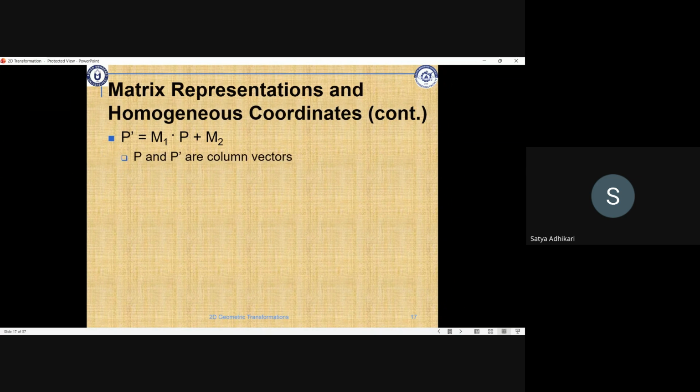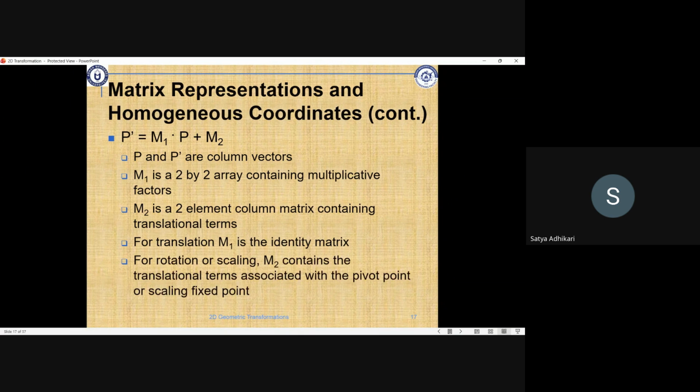You see here, P dash, the new position, is given by M1 into P plus M2. P and P dash are column vectors. M1 is a 2 by 2 array containing multiplicative factors. We'll discuss that. M2 is also a two-element column matrix containing translation terms.